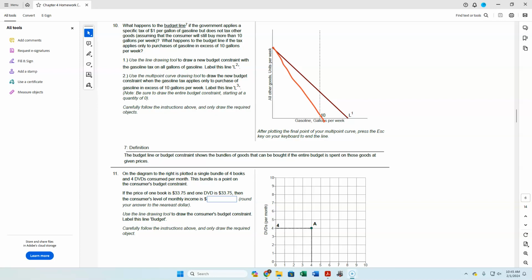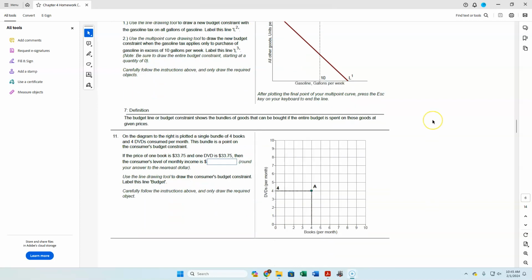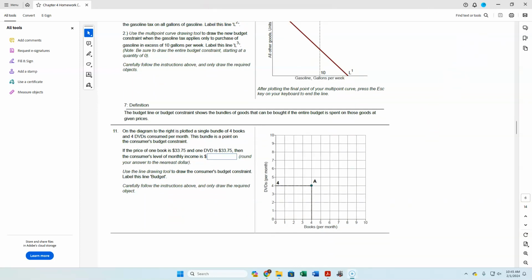On number 11, we have here a single bundle of 4 books and 4 DVDs. Price of one book is $33.75 and one DVD is $33.75, then what's the consumer's level of monthly income?